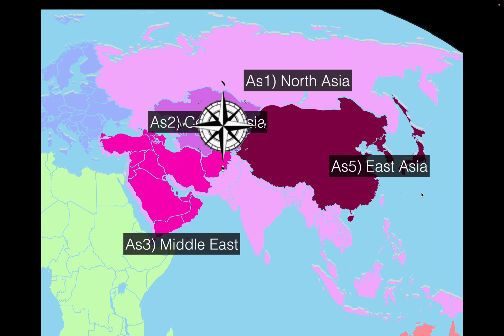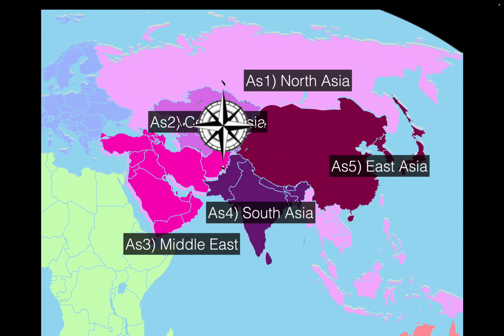So some data actually puts East Asia outside of the Asian average, because China has a lot of people, 1 billion. They will skew the average to be very high if the other places are very low. So they try to take this out of the average to make sure that it doesn't skew the data too much.